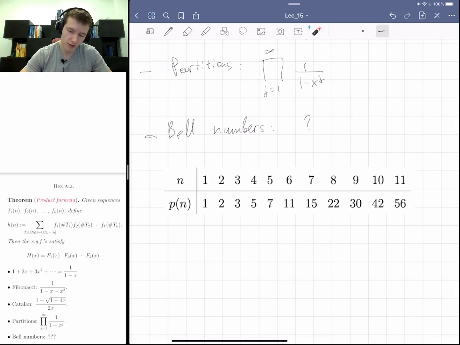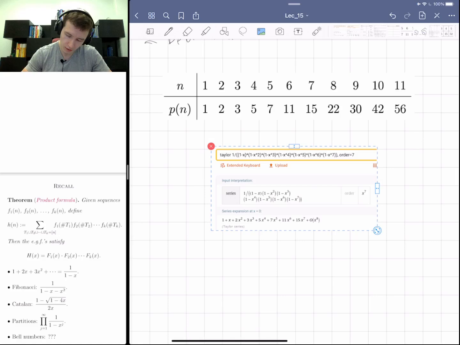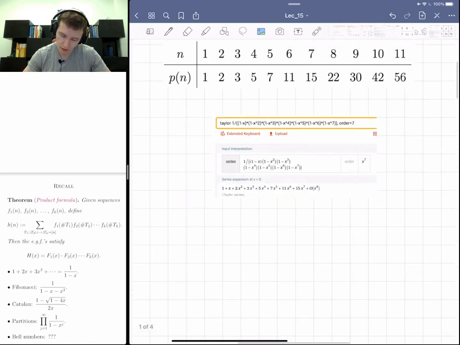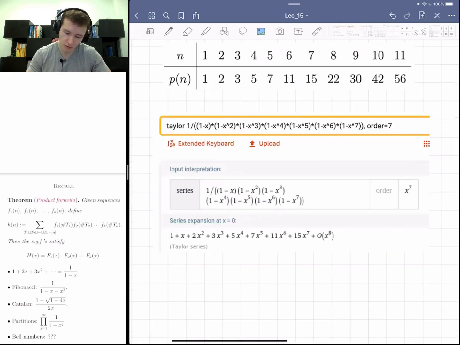I made an experiment. This is a screenshot from Wolfram Alpha. You ask it to find the Taylor expansion of the product of the first 7 terms, and you want the first 7 Taylor coefficients.